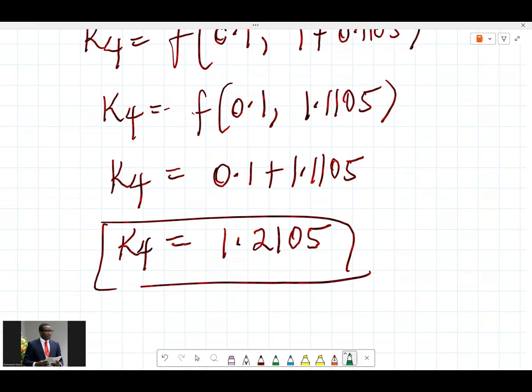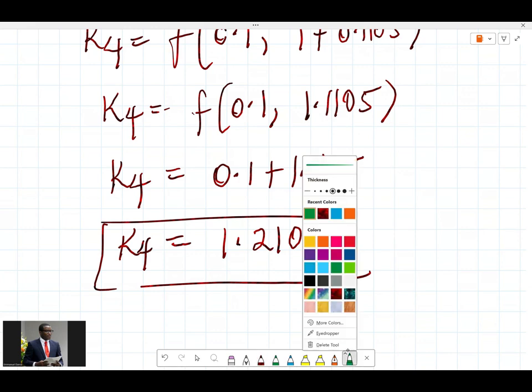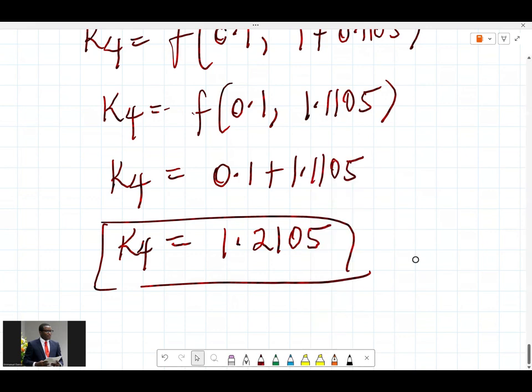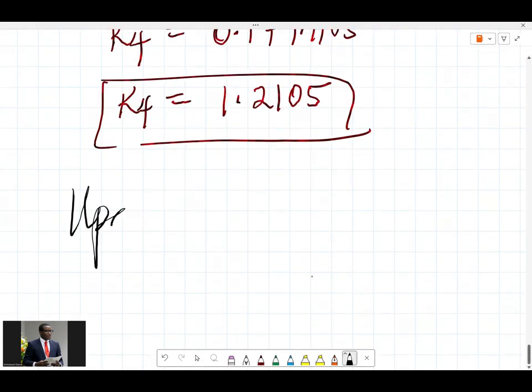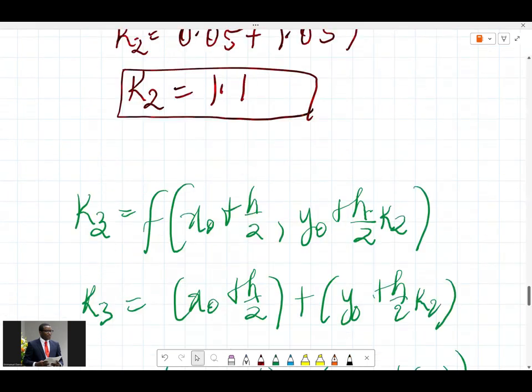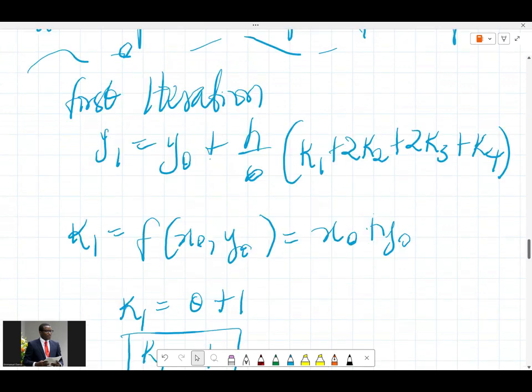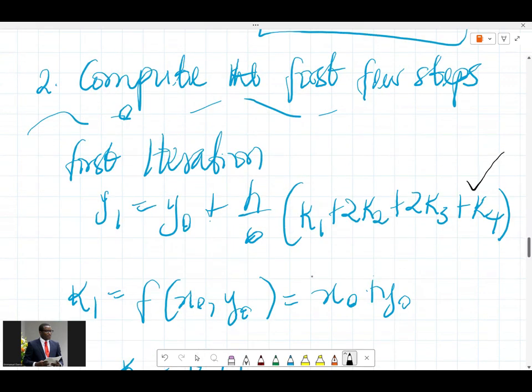Now, with all that done, we have got K1, K2, K3, K4. With all of that done, we can then update Y1. If you remember, that's where we're coming from. Don't forget, Y1 is simply this expression right here.